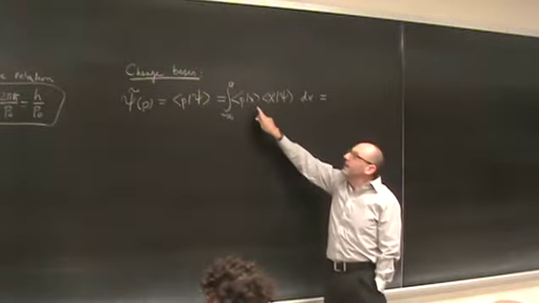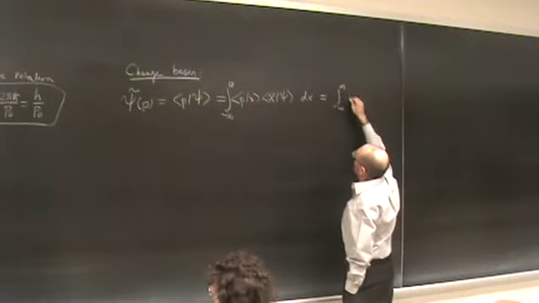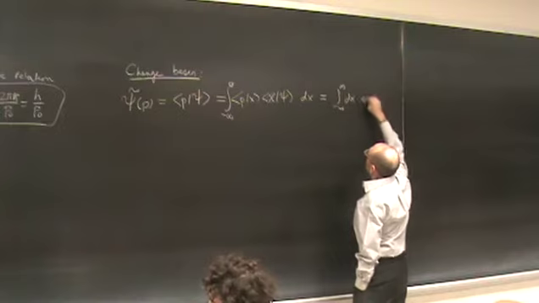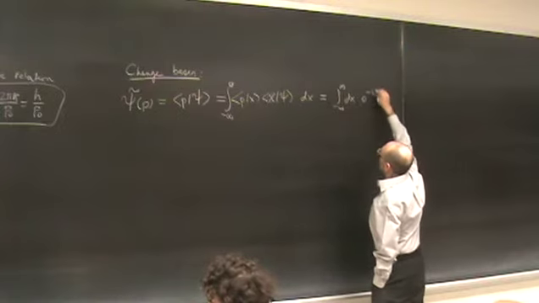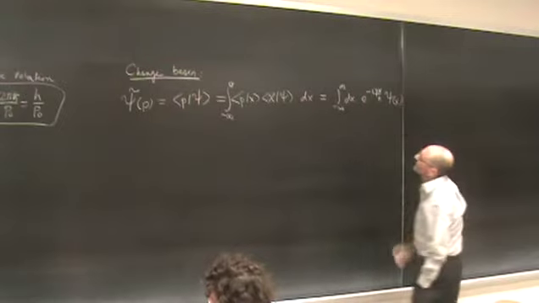Right? And this, we just said, was e to the minus i p x over h bar.